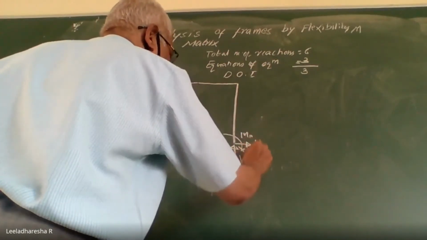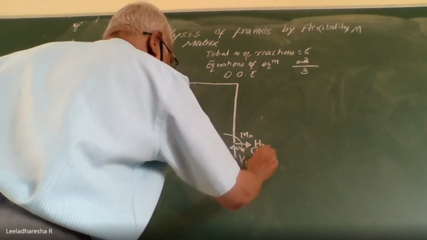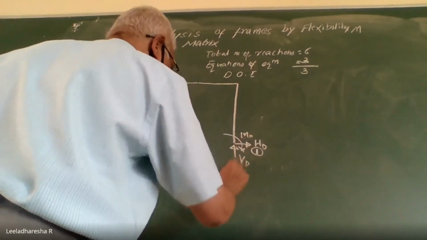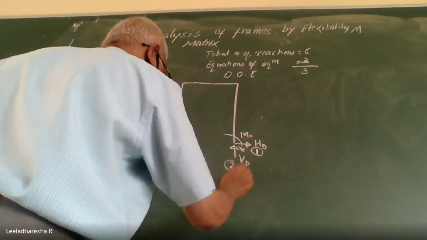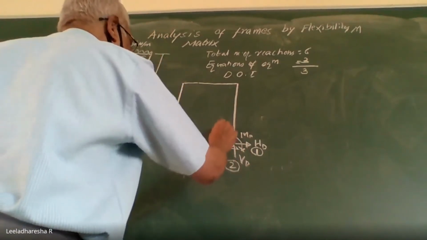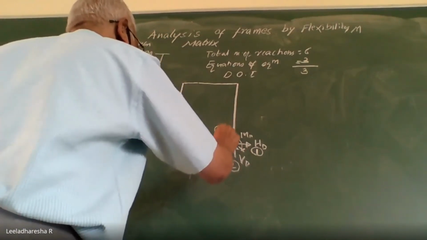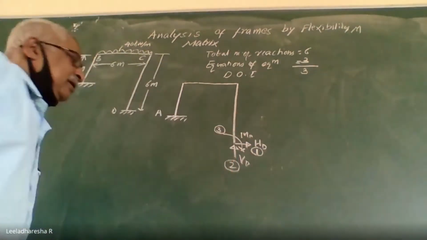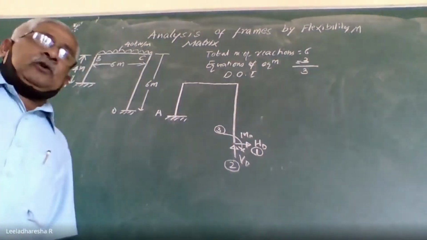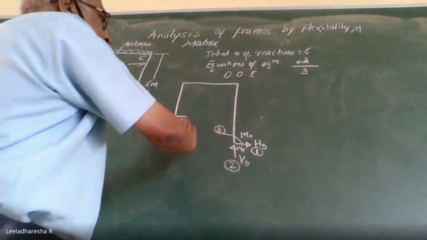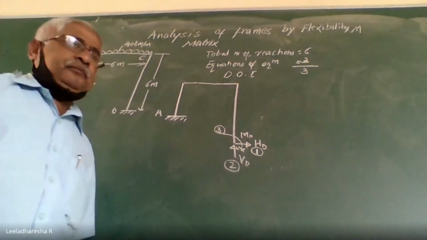So, assign the coordinates. For HD, I will assign it as 1. For the vertical reaction, I will assign coordinate number 2. And for the moment, I will assign coordinate number 3. So this gives you your released structure.